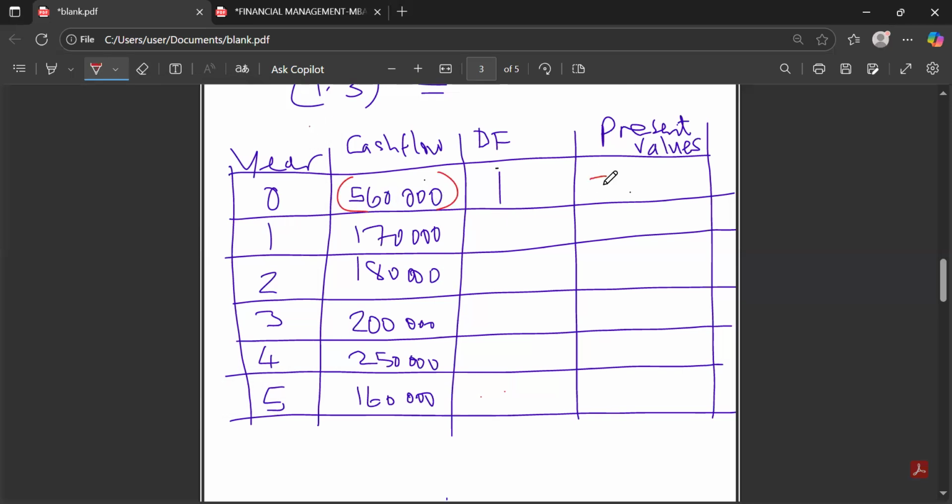So it will be 0.8849. You multiply straight away by the 170.